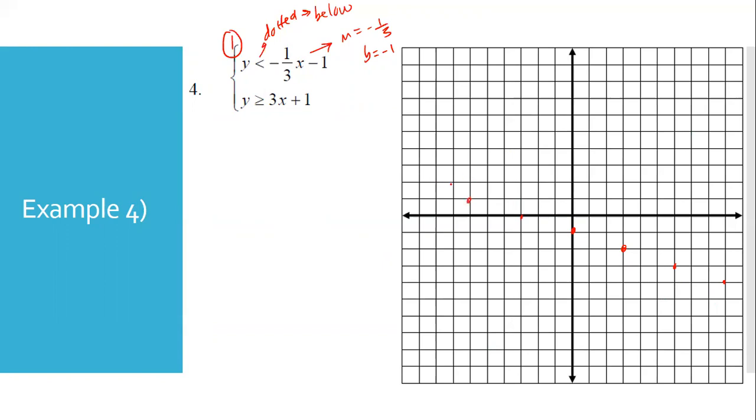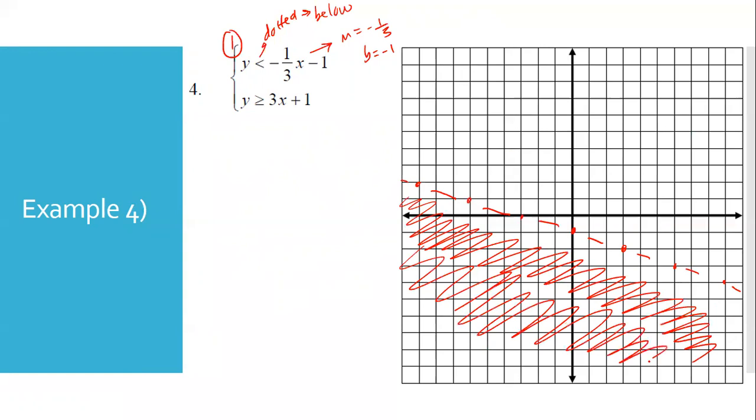Up 1 and left 3. And then draw my dashes. And we said that it's shaded below. There we go.